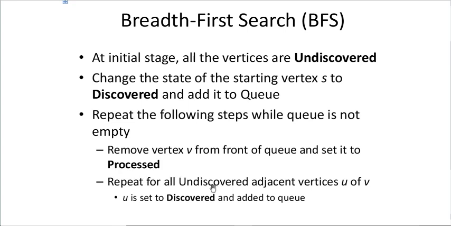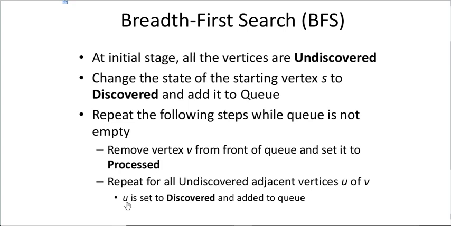Repeat for all undiscovered adjacent vertices u of v. The similar process has to be done with the undiscovered adjacent vertices. Here you can see V at the initial stage represents the start vertex S. So we are going to take the adjacent vertices of S, which are undiscovered, and repeat the process. So what process is repeated?